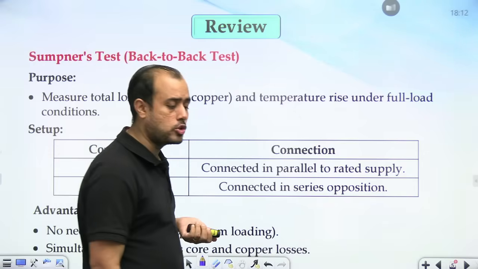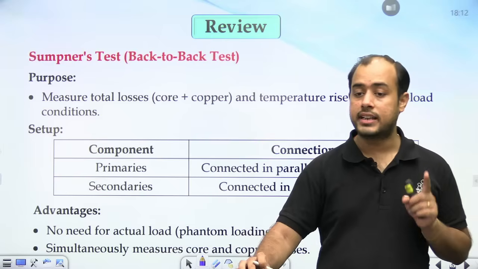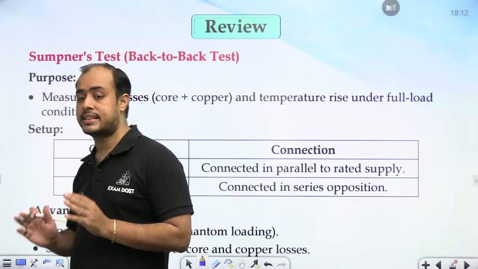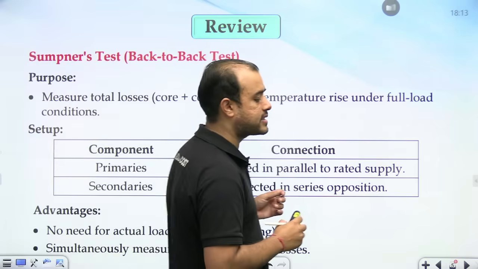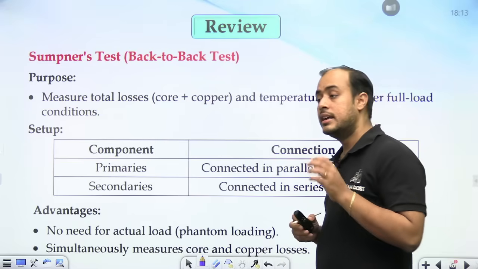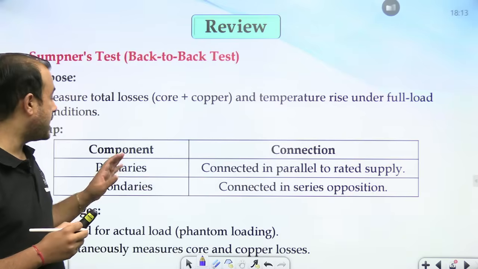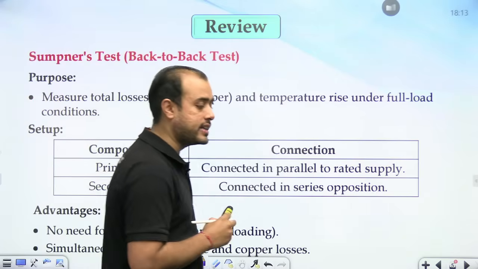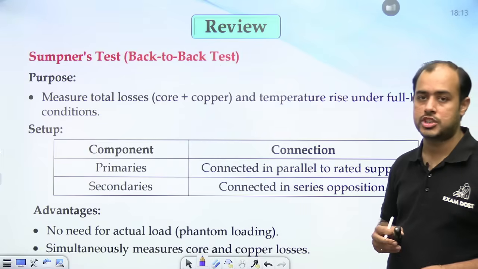Sumpner's test or the back-to-back test measures the total losses, core plus copper, but it requires two identical transformers. The purpose of this test is to estimate the temperature rise in a transformer. The primary windings are connected in parallel to the rated voltage, and the secondaries are connected in series opposition.